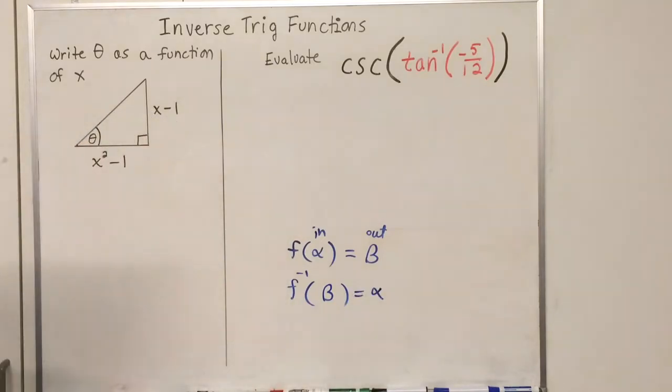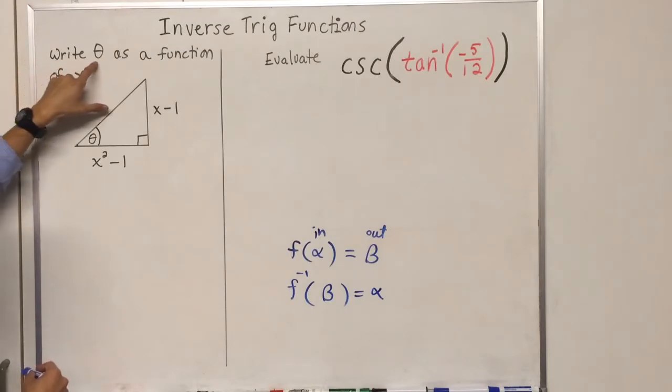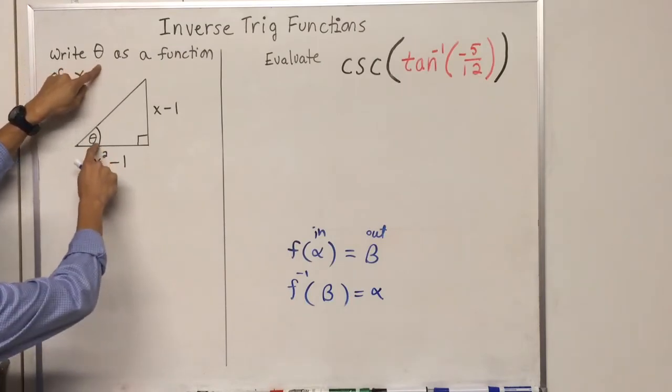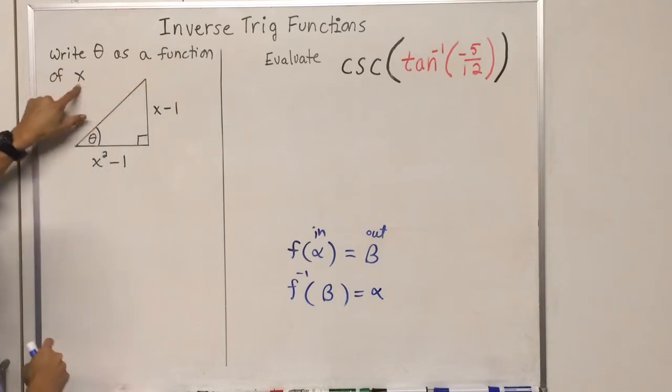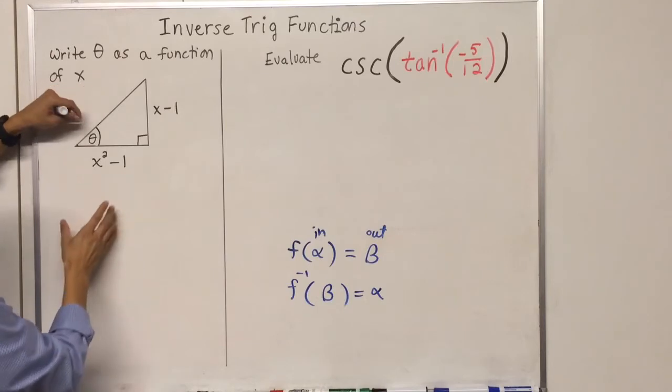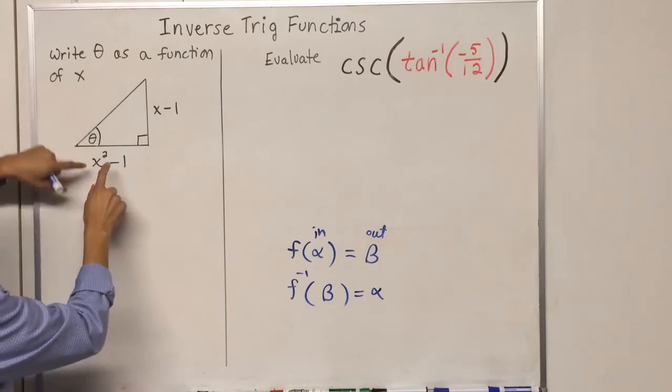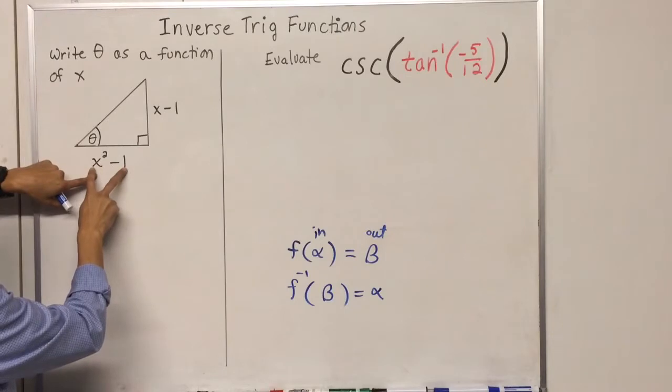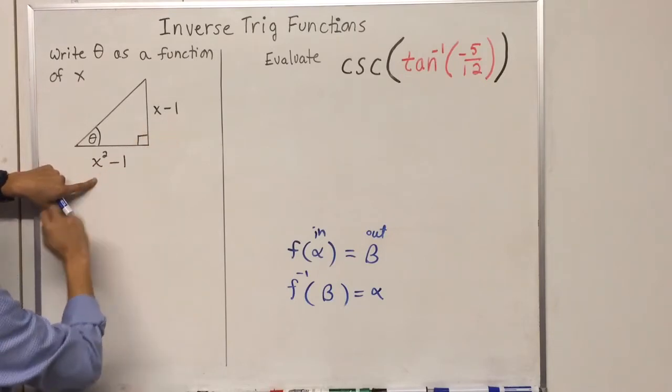Okay? So, problem number 1, we'd like to write this angle theta here as a function of variable x. All right? So we see that we have this triangle, and I have these two sides that are given on the triangle.